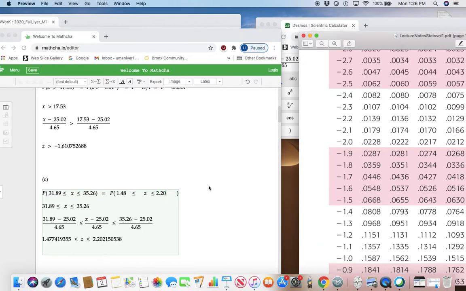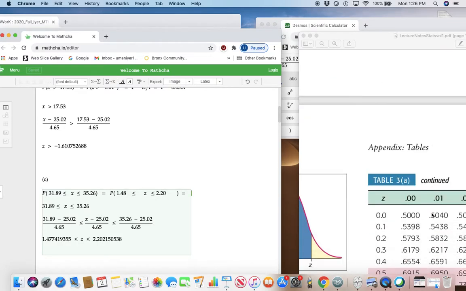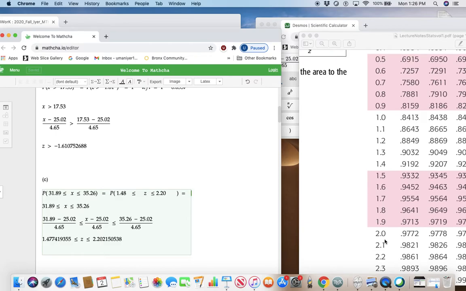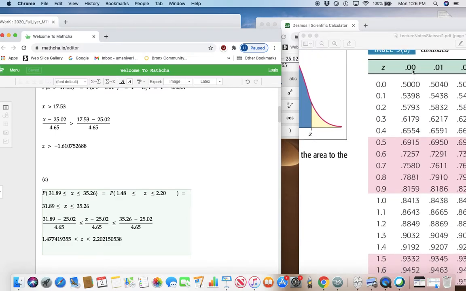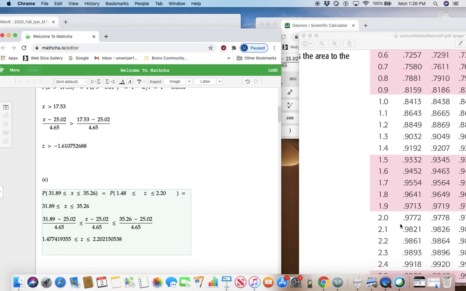Mind you, it depends on what approximation WebWork takes. But the area between two numbers is the area corresponding to the bigger number minus the area corresponding to the smaller number. 2.20 is the bigger number; 0 is just the very first column. 2.20 gives 0.9861.